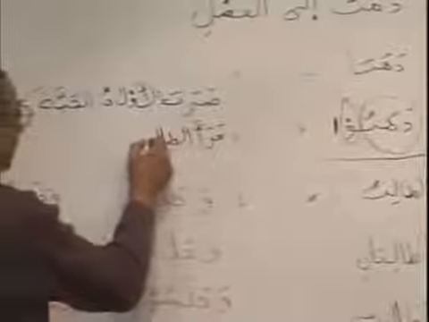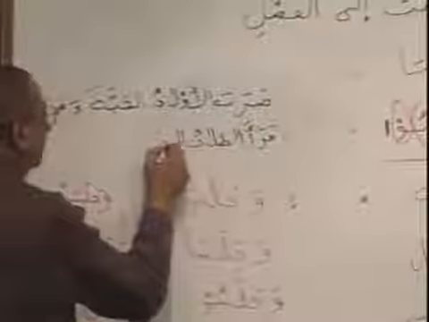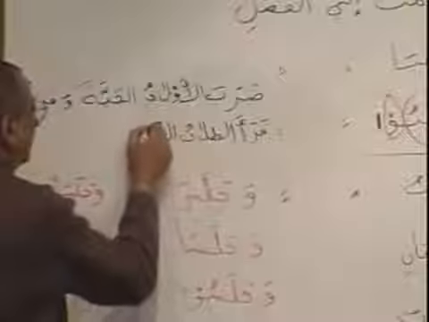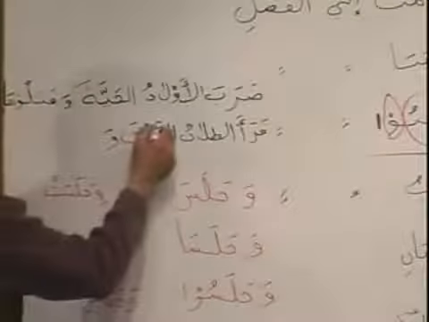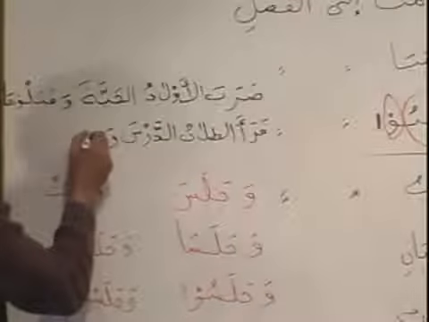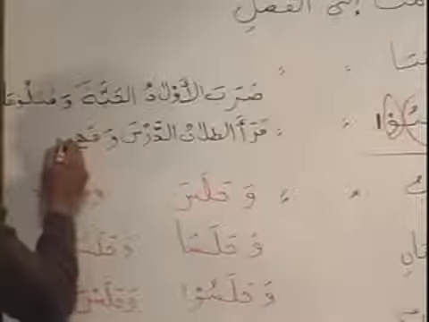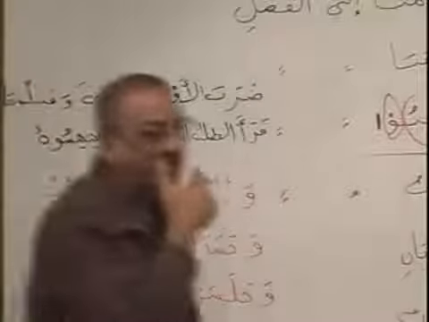Qara'at tullabu ad-darsa wa fahimuhu. Darsa is mudhakkar. Fahimuhu. Sahi. And they understood it. Very good.